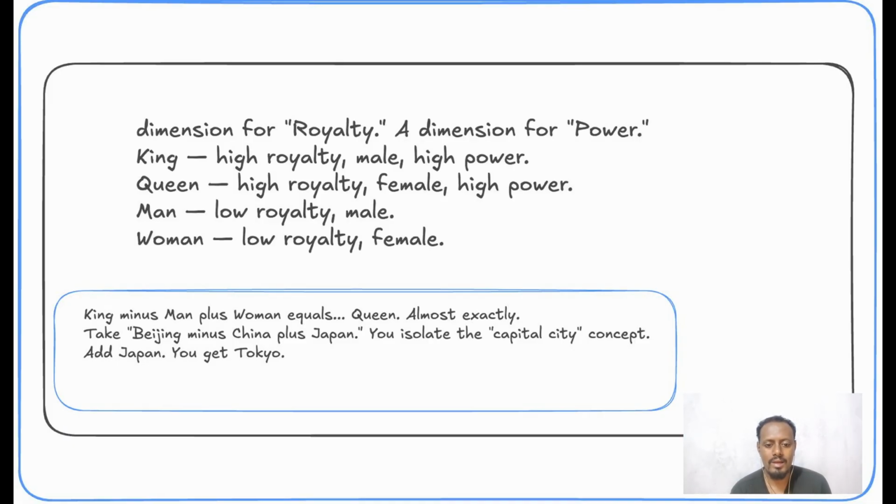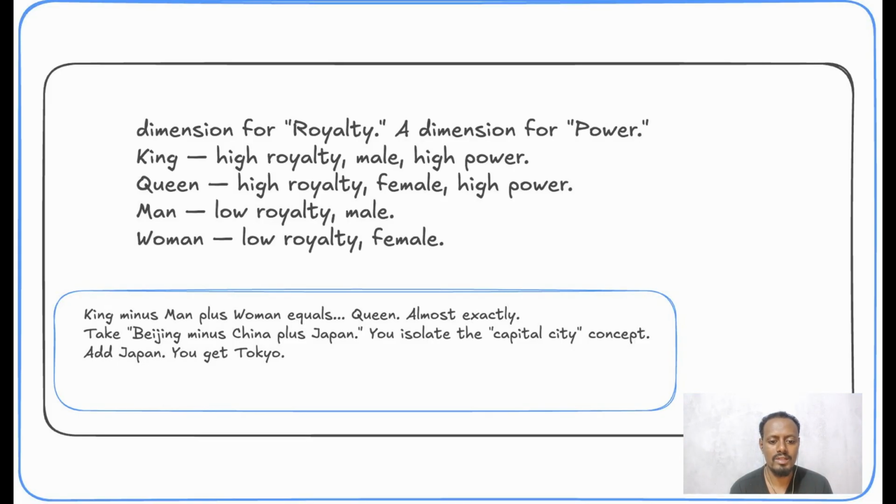Woman: low royalty, female. In a real embedding space, you have hundreds of these dimensions, not manually labeled, but automatically discovered by the model during training. The model figures out which dimensions capture useful distinctions. You never tell it what they mean. It discovers them on its own.